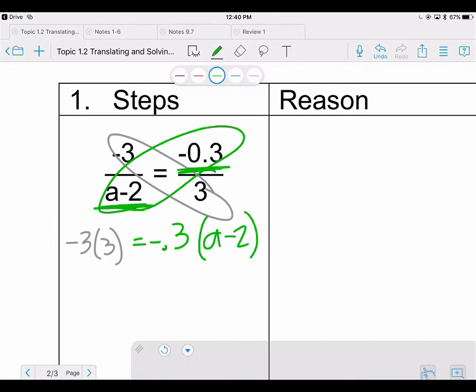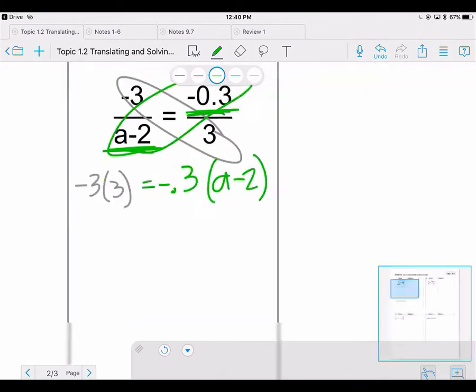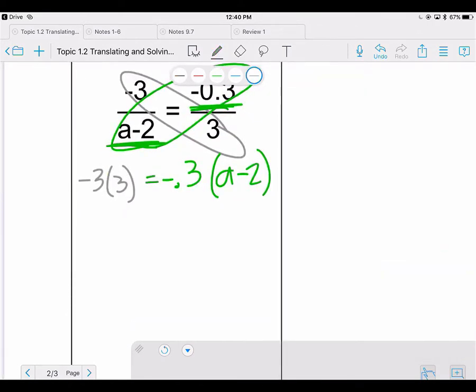So it's better if you just go ahead and always put your terms in parentheses. So you're taking all of the top, multiplying it by all of the bottom. So negative 3 times 3 is negative 9. And then here, because we have parentheses, we have to remember to distribute. Negative 0.3 times a is negative 0.3a. Negative 0.3 times negative 2 is a positive 0.6.